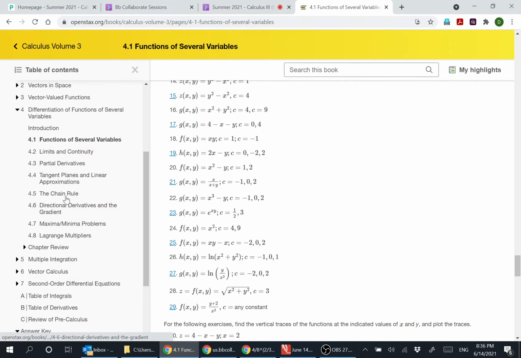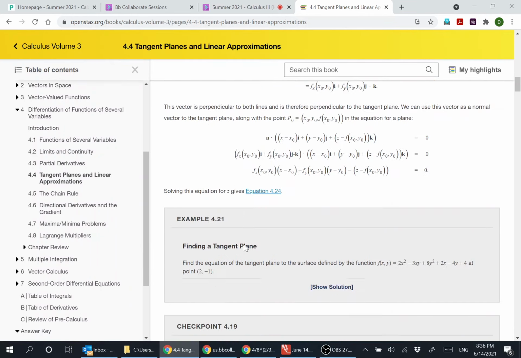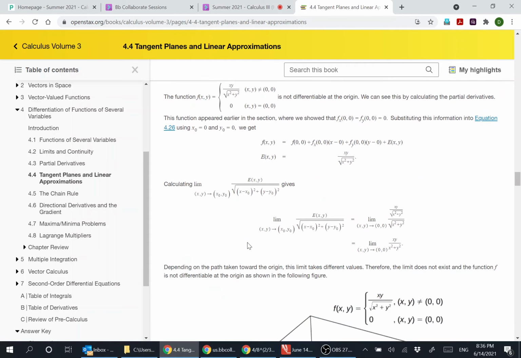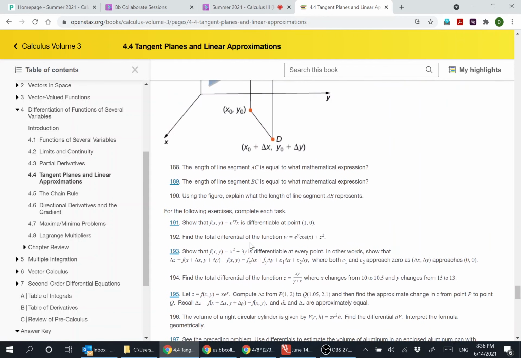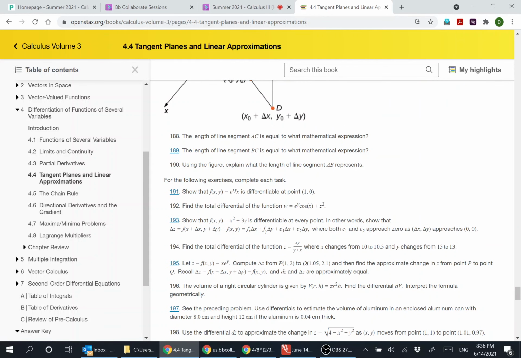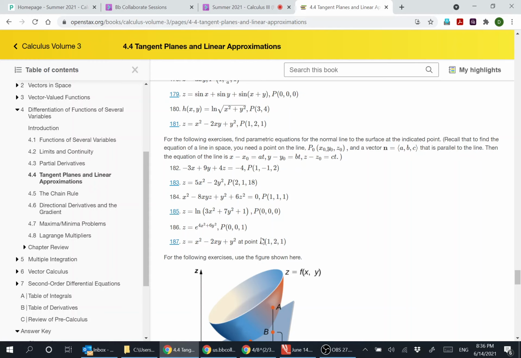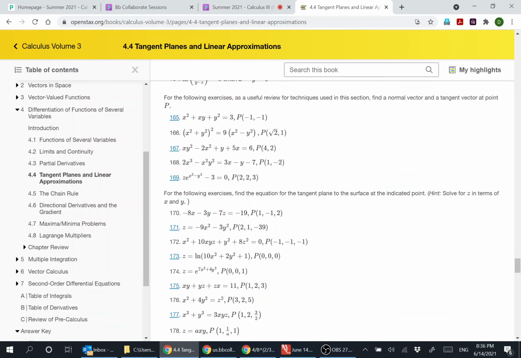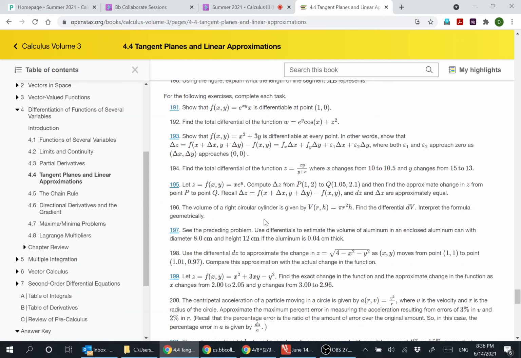So, tangent planes, linear approximations. So, where are they? So 195.